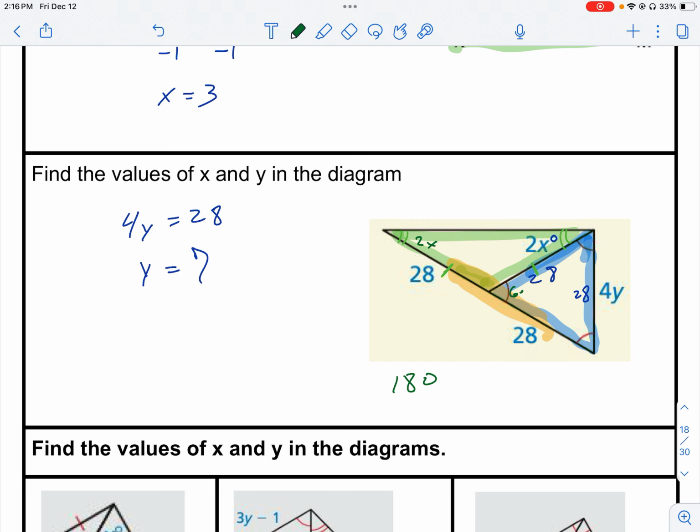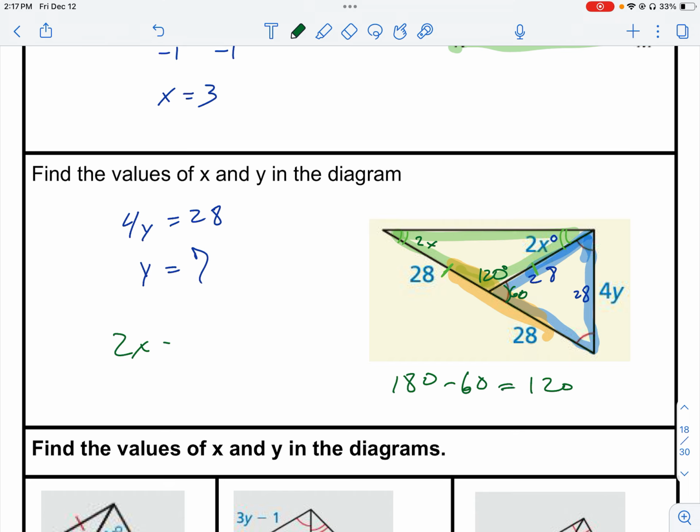We know that this equilateral triangle is also equiangular. So this angle right here is 60 degrees. 180 minus 60 is 120. So that means this is 120 degrees, which leaves us with 60 left over for the 2 remaining angles, which are congruent.